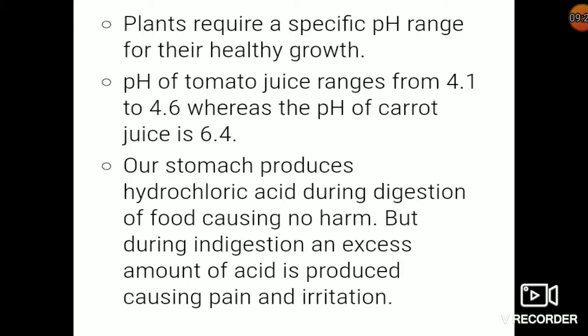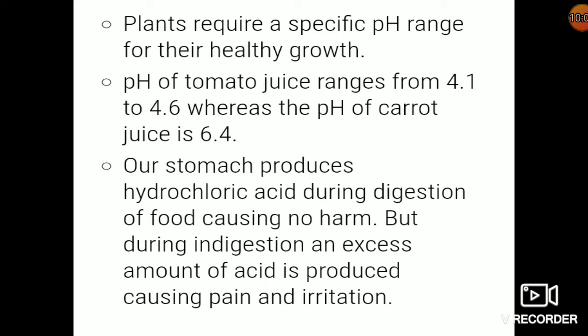In the same way, like us, like animals, plants also require a specific pH for their healthy growth. Now, if the soil becomes acidic, then the farmers use calcium hydroxide or lime powder or lime water to make the soil basic, because if the soil has become acidic and they apply some base, neutralization will happen and the soil will reach its normal pH range.